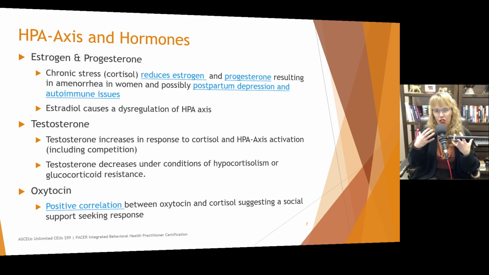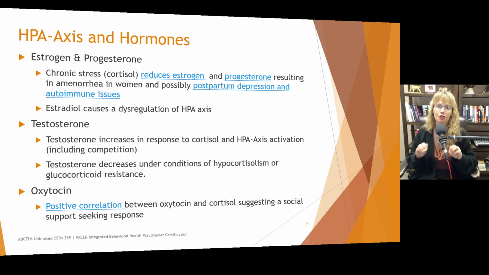That chronic stress can increase cortisol levels, which result in reduced estrogen and progesterone and depressive symptoms, and sometimes anxiety. Estradiol is a type of estrogen that causes dysregulation of the HPA axis when it is not in the adequate balance.